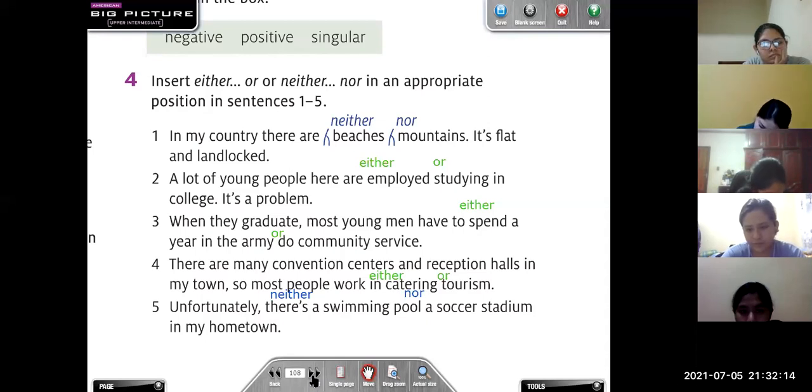Very good. Any other ideas? Anybody else? With a sentence describing your city? Luciana? A lot of young people here are neither employed nor studying in college. Okay, very good.